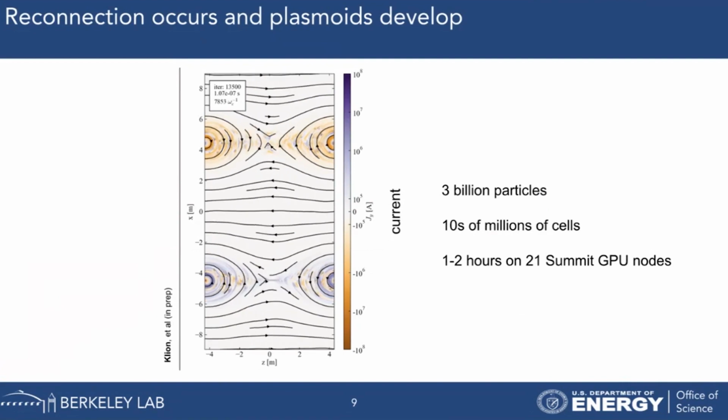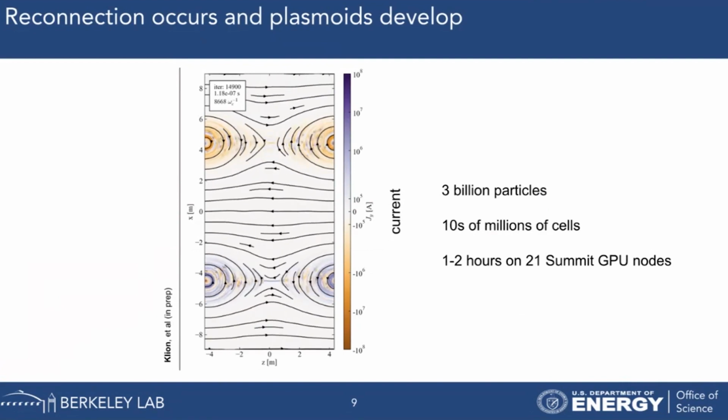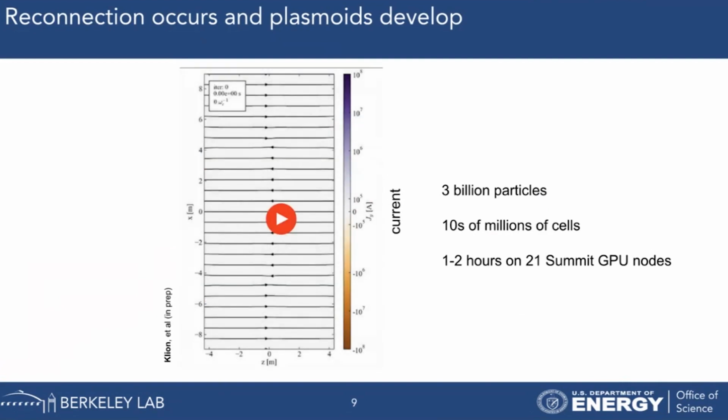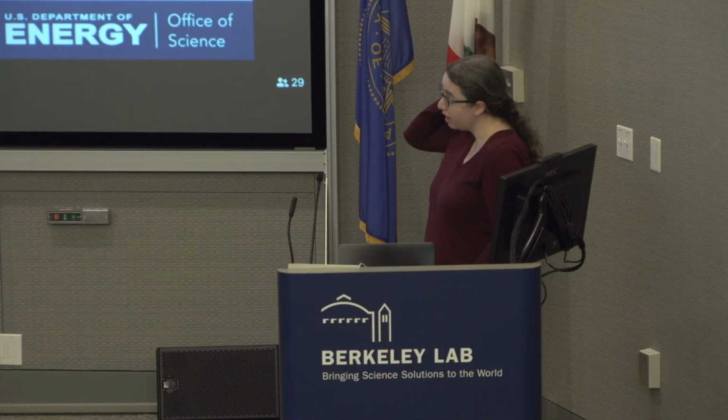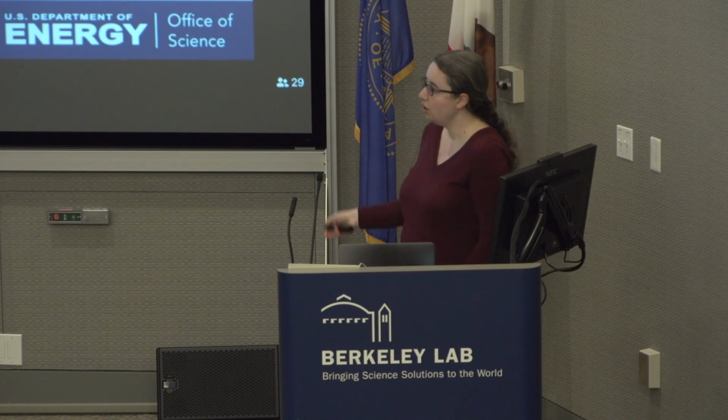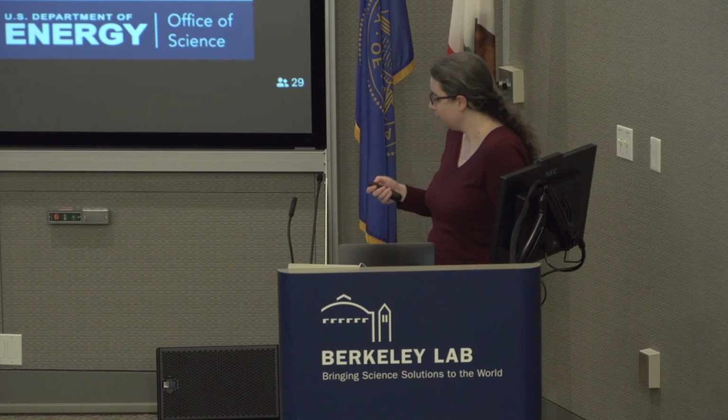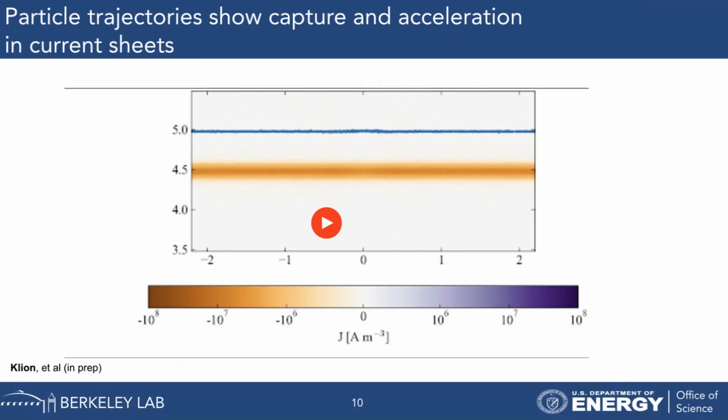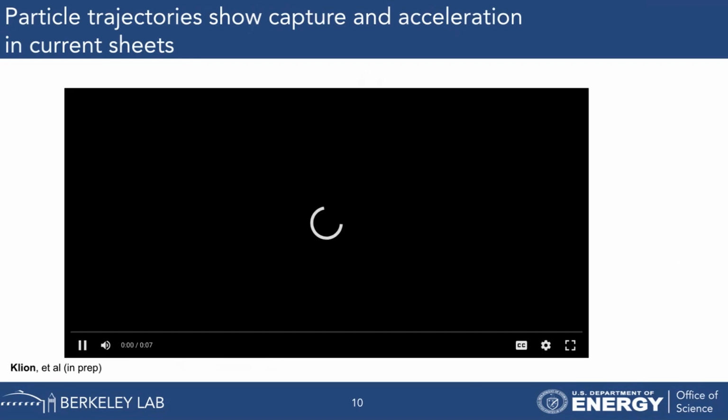These simulations have 3 billion particles and tens of millions of cells, but only take 1 to 2 hours on 21 Summit GPU nodes because WarpX is highly optimized for high-performance architectures. So one of the things we're looking at doing, which I'll get into in a second, is expanding to 3D because the code can handle it. Another nice way of visualizing this is here.